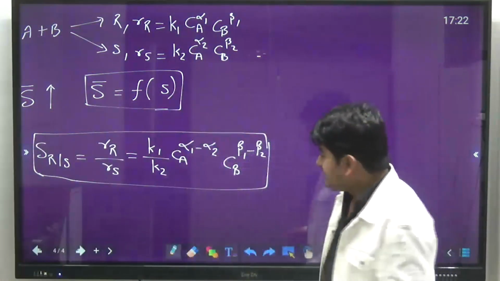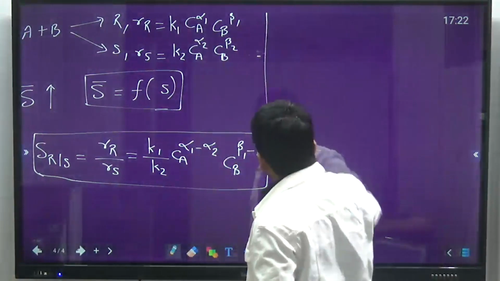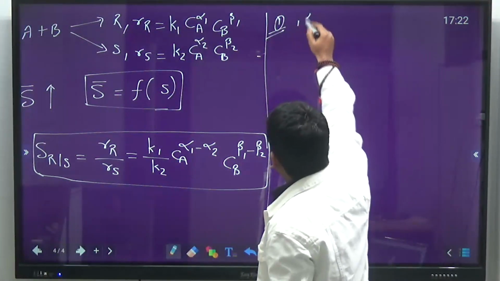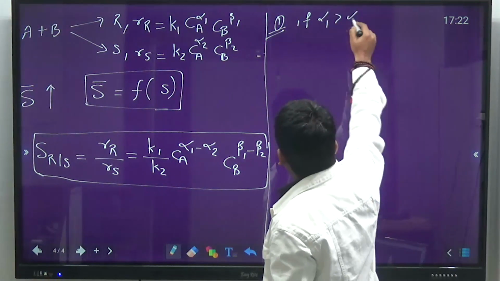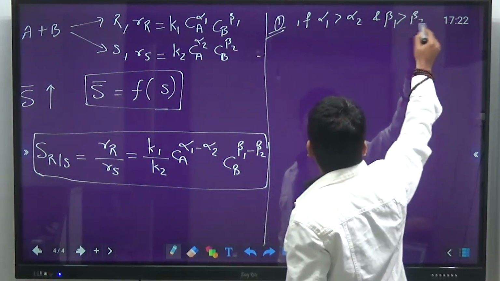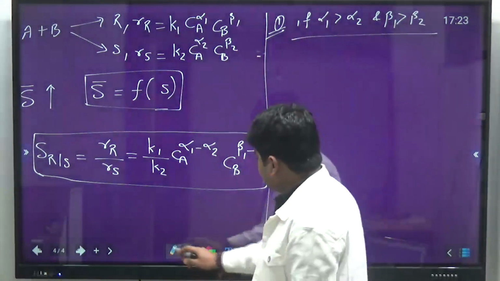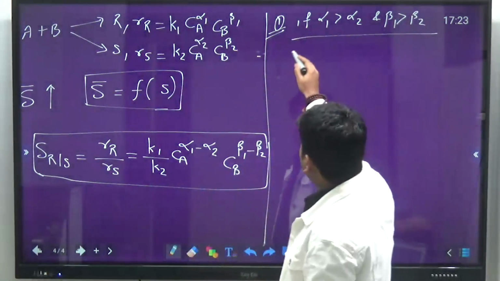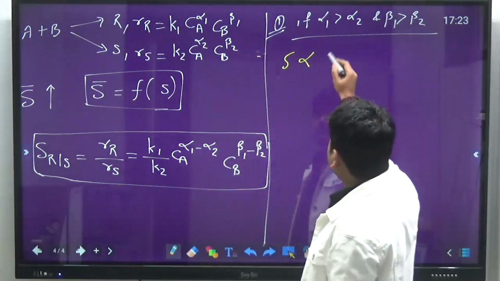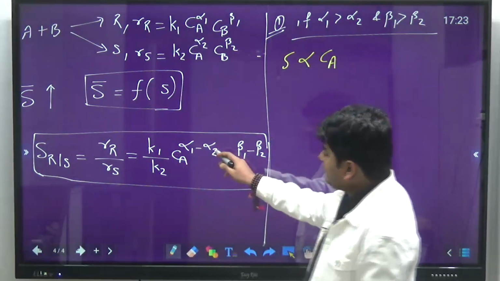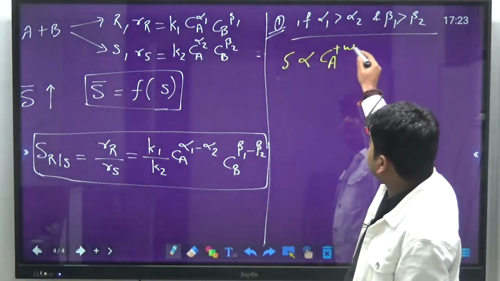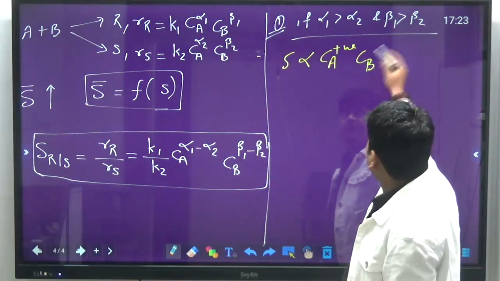So what to do? Based on concentration, you can simply say, like the first case, if alpha 1 is greater than alpha 2 and beta 1 is greater than beta 2. Okay, so you will see here S is proportional to Ca power alpha 1 minus alpha 2. What is alpha 1 minus alpha 2? It is positive, so the power will be positive here.